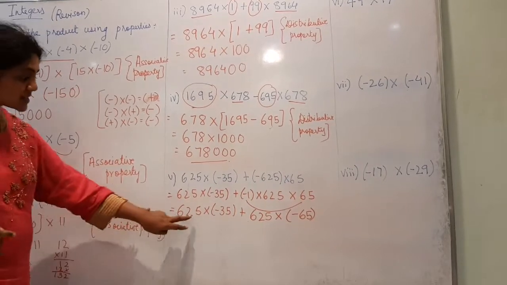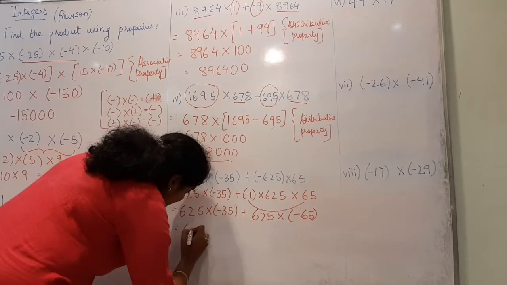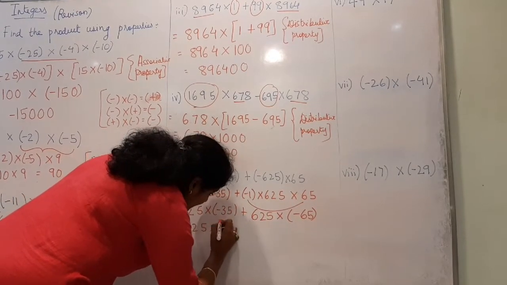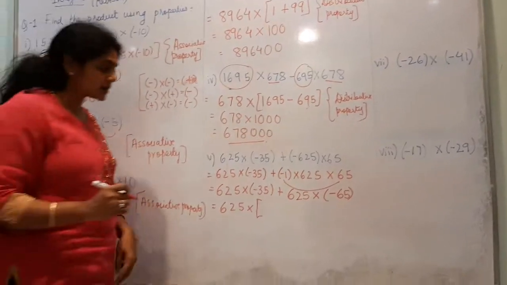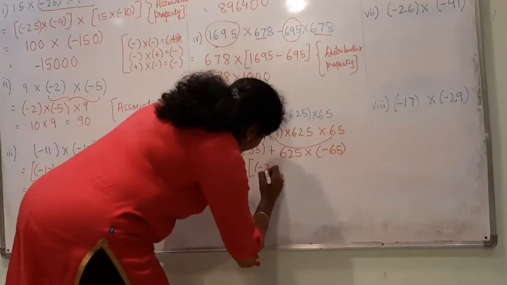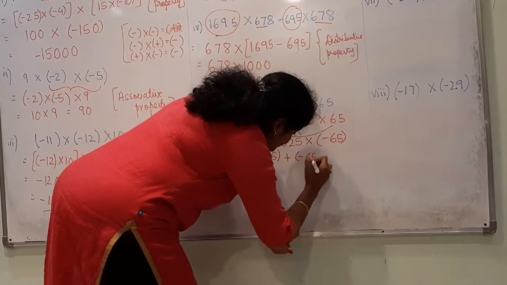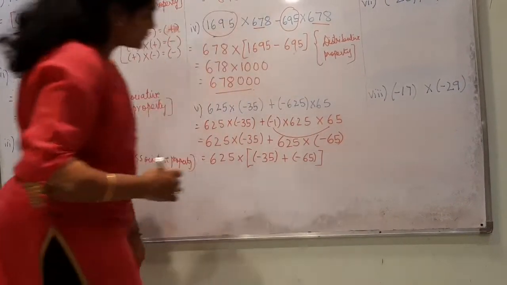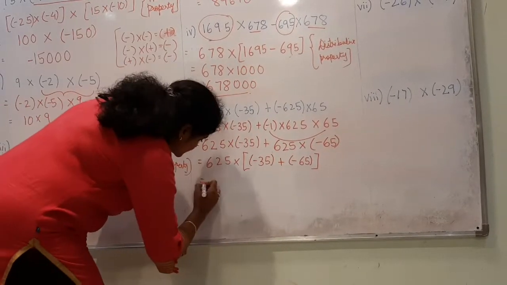Again you can look, 625 is common. I will take it outside, multiplied by, and in the bracket you will have the uncommon terms: minus 35 plus minus 65. Solve the bracket first.